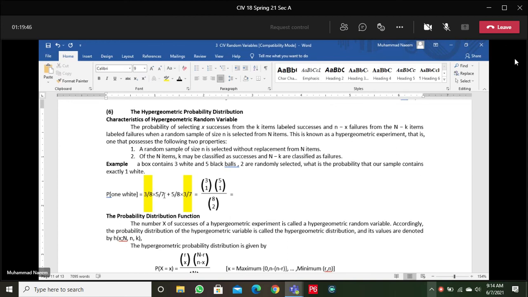When the technique of the draw is not mentioned, we treat it either with the combination rule or as a without replacement case.